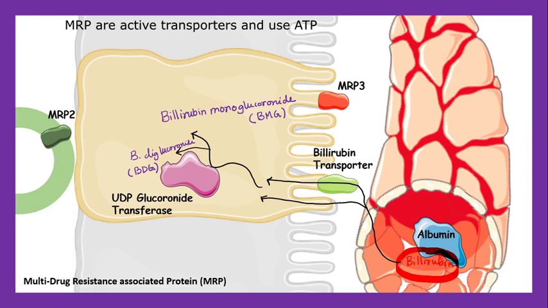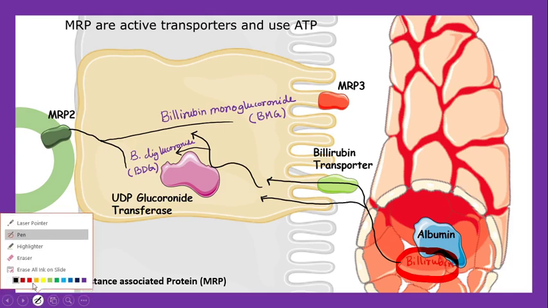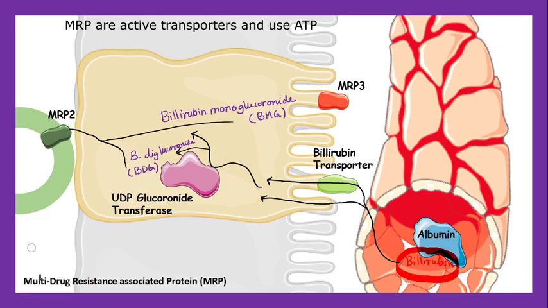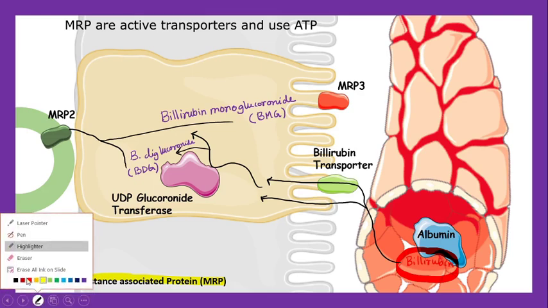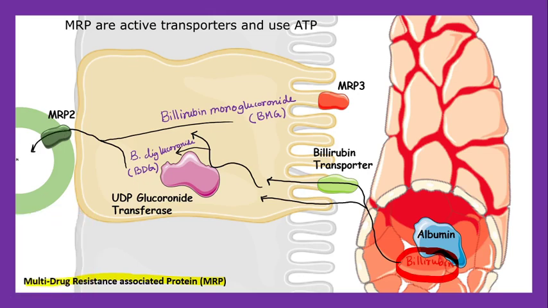Either the BDG and BMG can go to a protein known as MRP2, that is multi-drug resistance associated protein 2, present on the wall of the bile canalicular system in the liver, and can get secreted into the bile, and from there they can go into the bile to the gallbladder and into the gut.